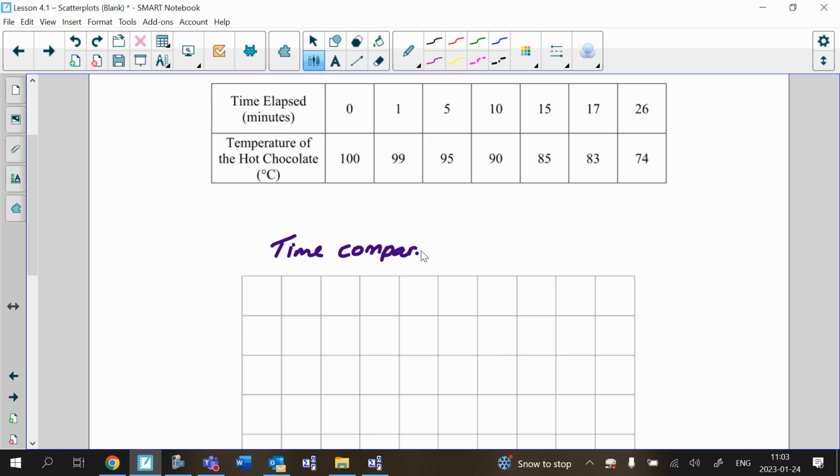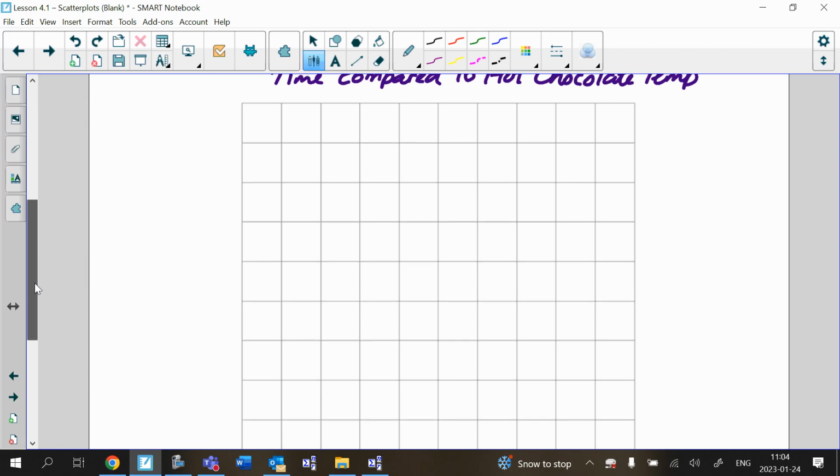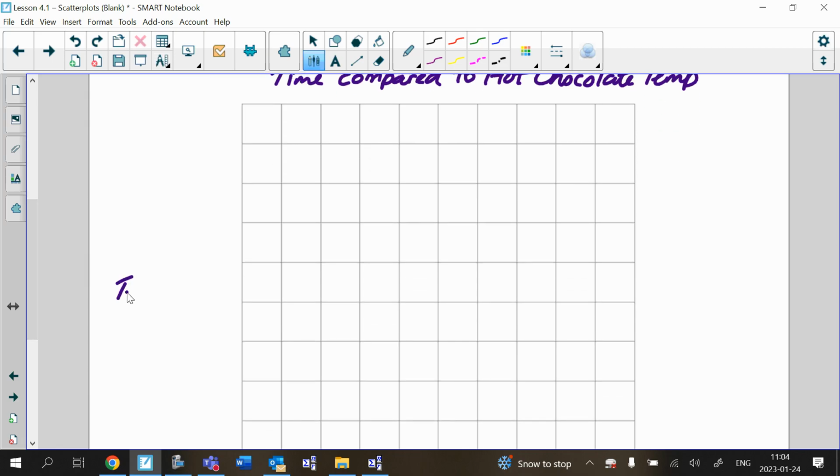And so we would have temperature as the vertical axis in degrees Celsius. We would have time in minutes. Time in minutes. That's the horizontal axis where the independent variable is.